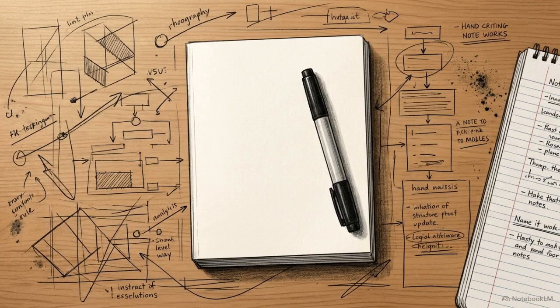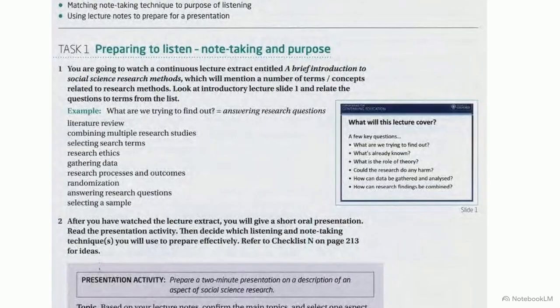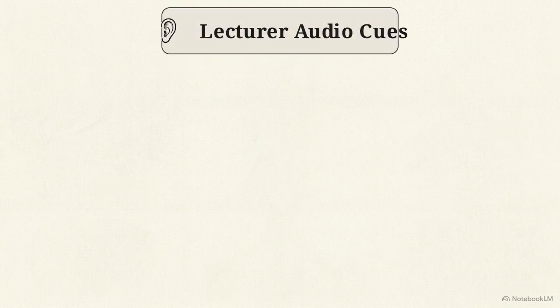Swapping tools dynamically based on the lecturer's signposting language removes the guesswork from the start of class. Lecturers often explicitly announce their structural intent right up front, giving you a roadmap for the tools you'll need. You can map these audio cues directly to your note-taking formats using a simple decision tree.